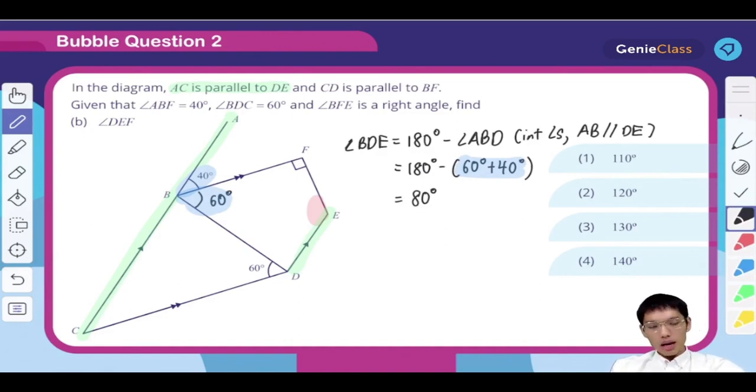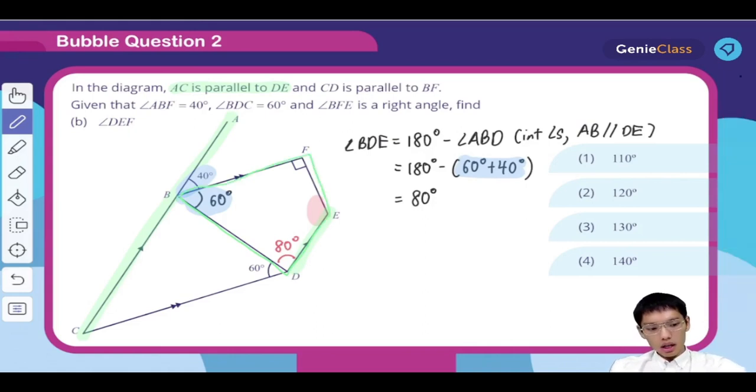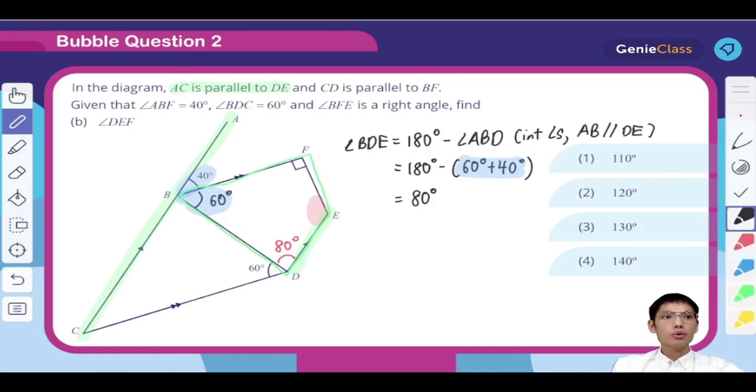Now from here, how can I find DEF? It's much easier now because I have this quadrilateral here. So that's why in this case, you actually have to view it and see all the particular properties that you will need to utilize. Which in this case, I have DEF, which is equals to 360 minus 90 minus 80 minus 60.